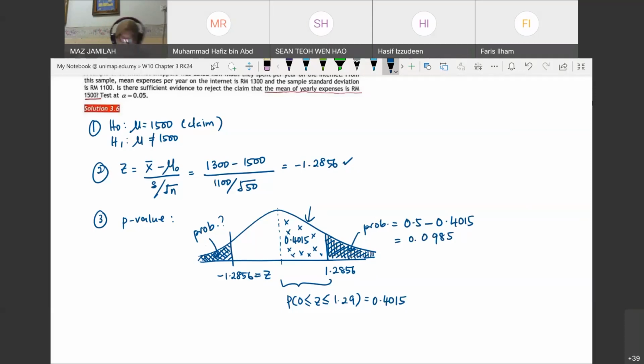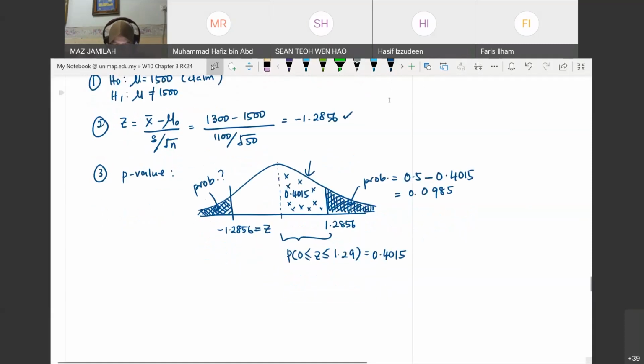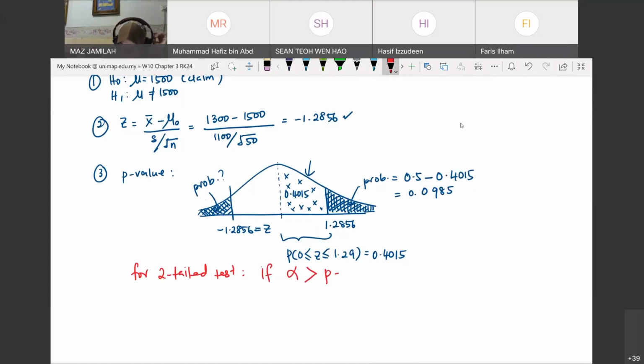Now, for the two-tailed test, in making the decision, I write it using my red pen. For the two-tailed test, the way we make the decision is, if alpha is greater than the p-value, and this is my p-value, using my test statistic I get my p-value, which is the probability here, shaded in blue.